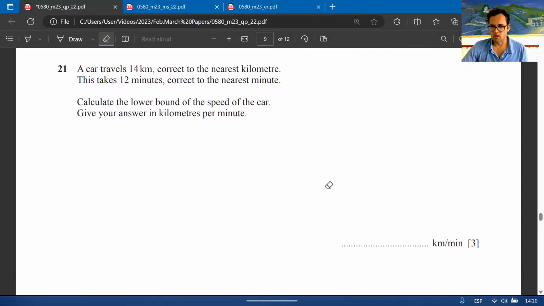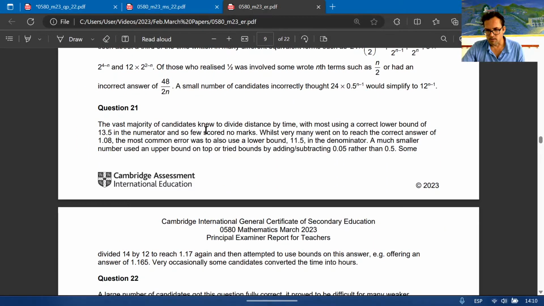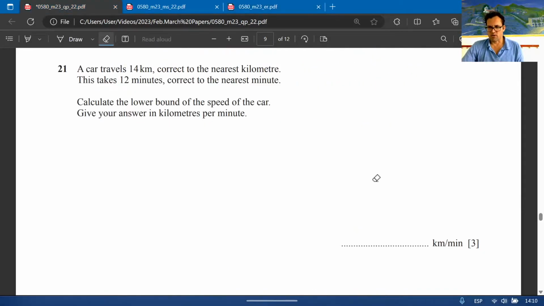Question 21. Was this one challenging? Okay, let's get through this. A car travels at 14 kilometers correct to the nearest kilometer. That means bounds to the nearest 1 kilometer.